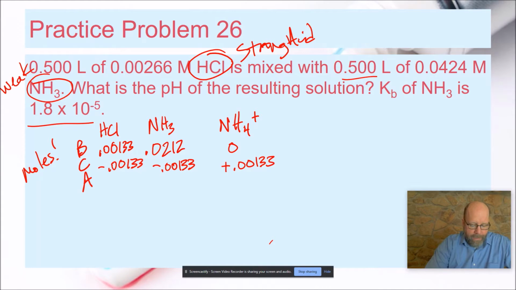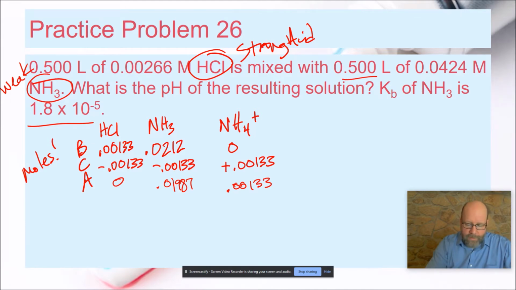Okay, so we're going to do a little math. And this is pretty straightforward. We're going to have none of the acid left. It's completely been used up, neutralizing some of this weak base. And the base that's left is, do a little subtraction, we get 0.01987. And then, of course, we have the conjugate acid, and it's just what we produced from that neutralization reaction. So that's moles, right?